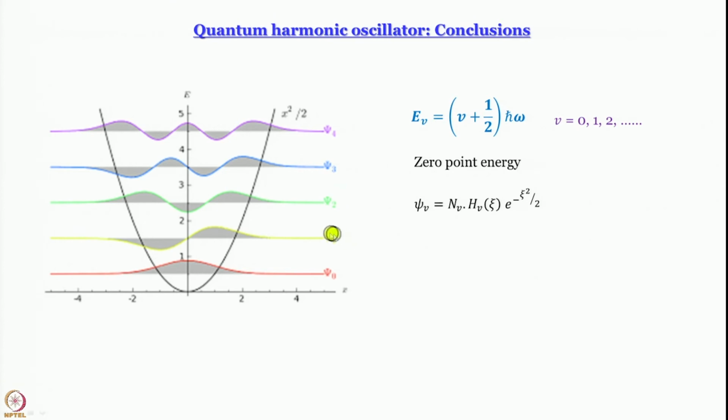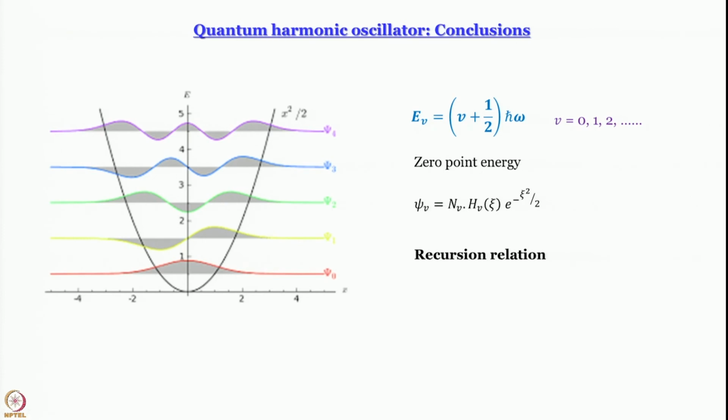So, as you go higher up the energy ladder, you get more and more nodes. That leads to this rule of thumb that the more the number of nodes, the higher is the energy associated with the wave function. Okay. And the nodes here come from the Hermite polynomial being equated to 0. Whatever is the order of the polynomial will be equal to the number of nodes. That is why we get more and more nodes as we go higher up.